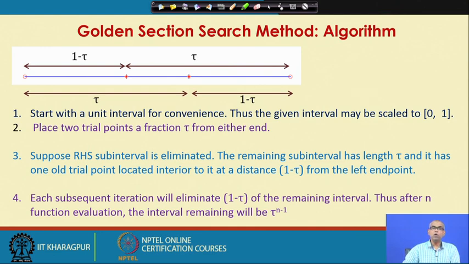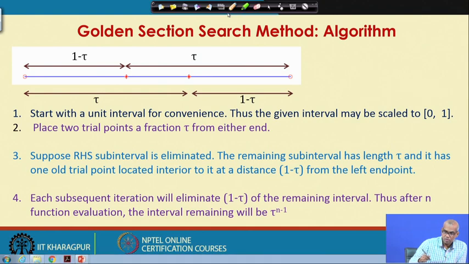So, how is this golden ratio used to construct a search algorithm? Look at the figure. Let us say the minimum is bracketed between these 2 points.